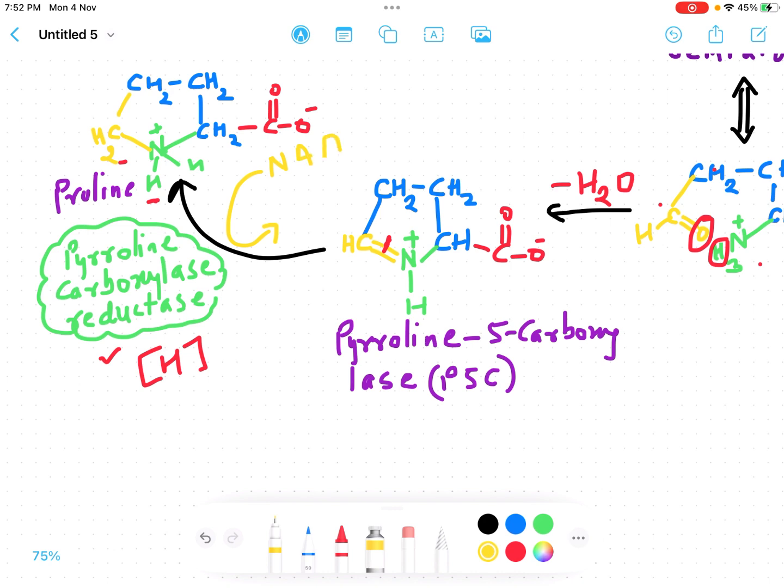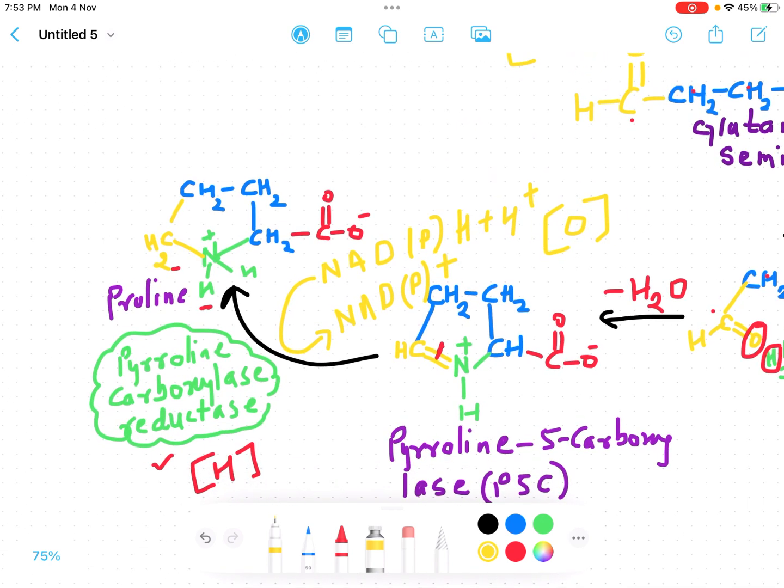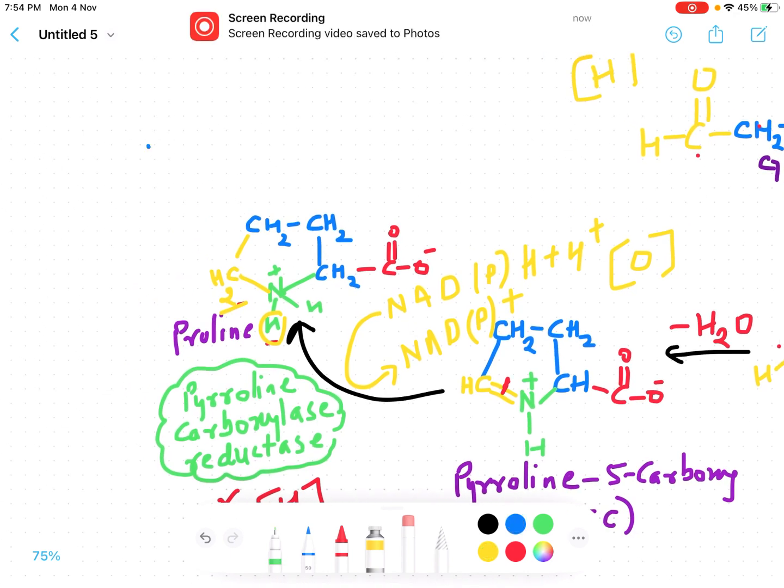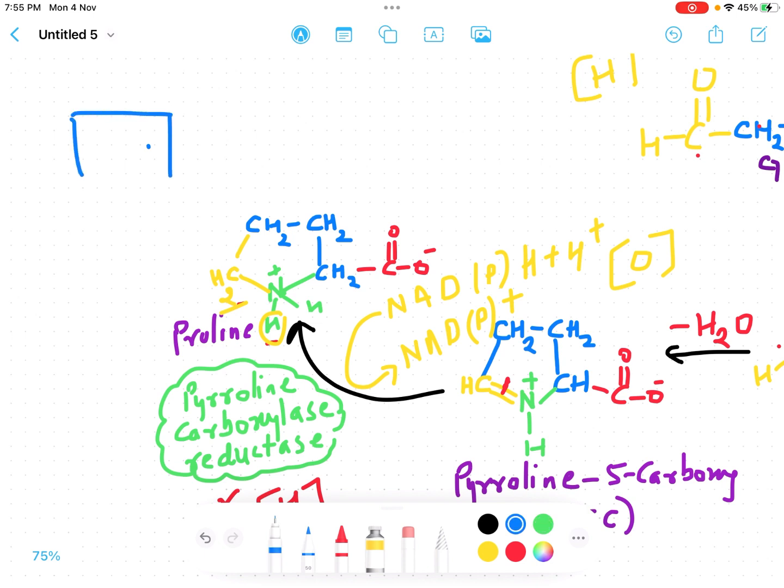For this reduction process, we again need a reducing agent, either NADH or NADPH, that will get oxidized, while hydrogens are added on the double bond. So this is the structure of proline. After adding two hydrogens, the reduction has taken place. The enzyme, as I already mentioned, is pyrroline carboxylate reductase.